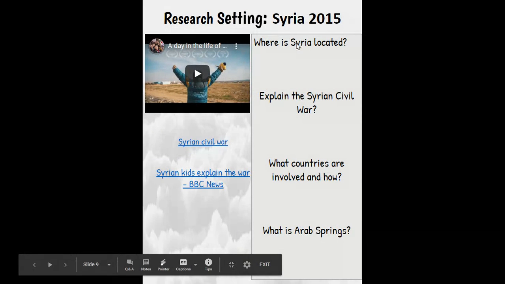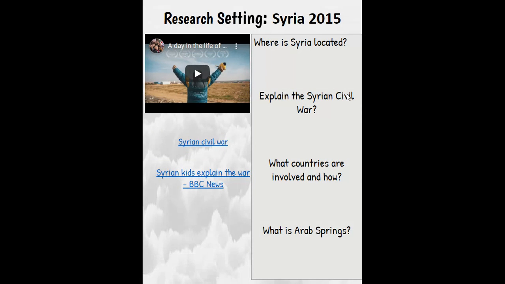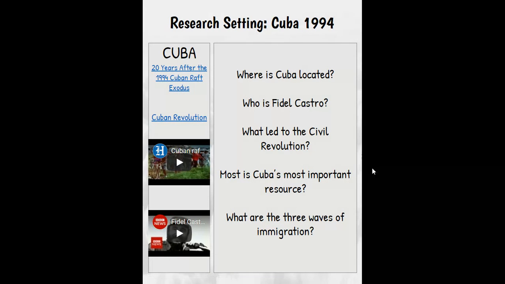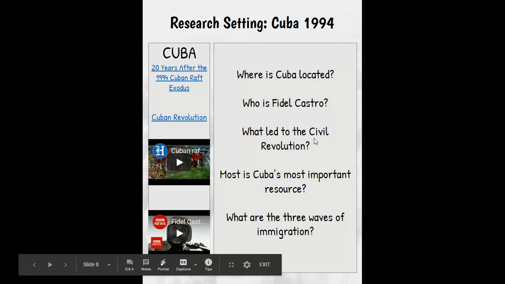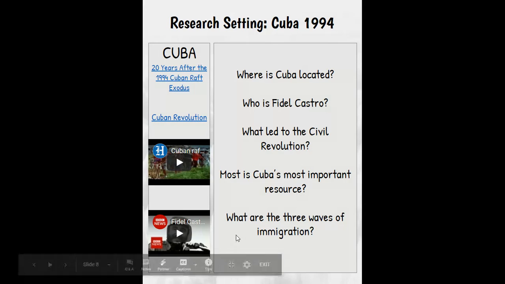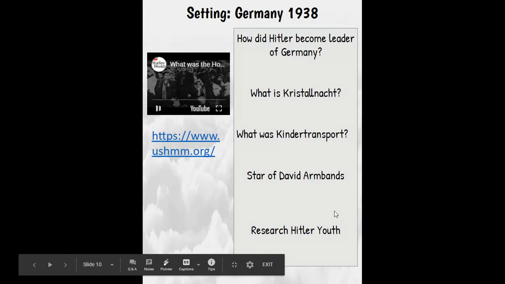You need to tell me where Syria is located, explain the Syrian Civil War, what countries were involved and why, what is Arab Springs, where is Cuba located, who is Fidel Castro, because he was the president of Cuba at the time the story takes place, what led to the Civil Revolution, what is Cuba's most important resource, what are the three waves of immigration. Okay, so you need to dig deep, find the answers.